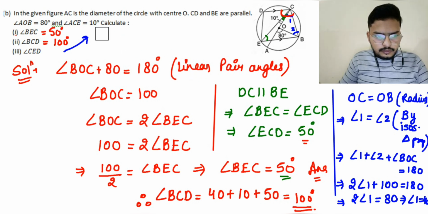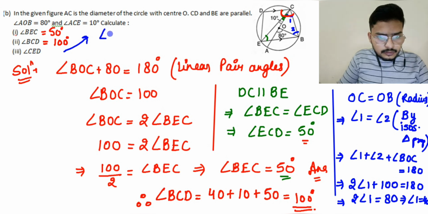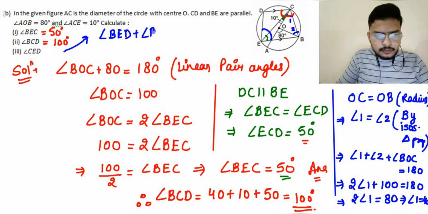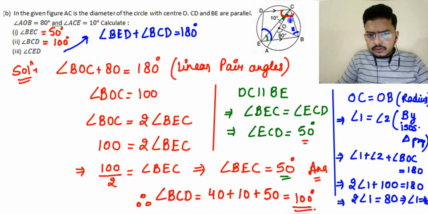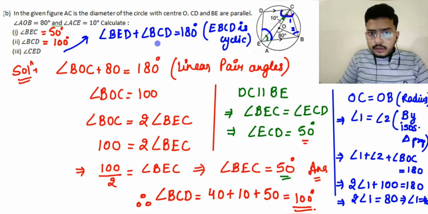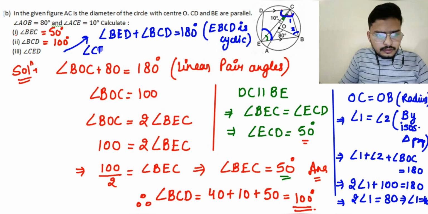In place of angle CED, first write angle BED, this whole angle, plus angle BCD is equal to 180 degrees. Why is it 180? Because this is a cyclic quadrilateral, BEDC is cyclic, right?